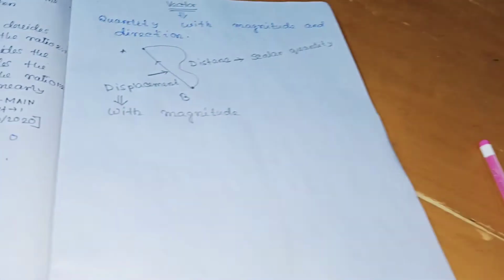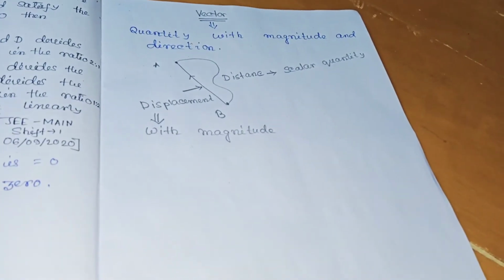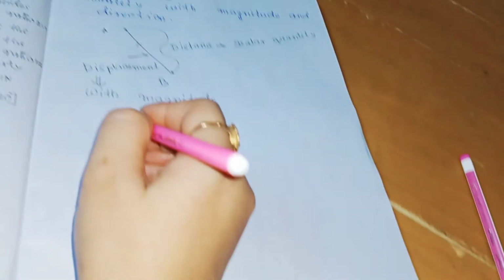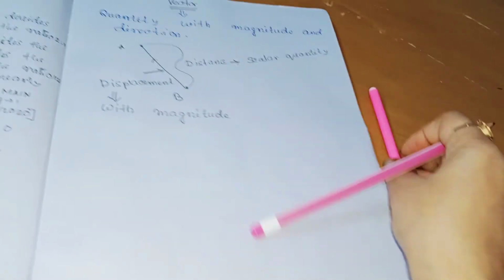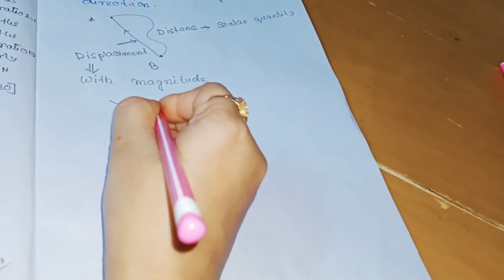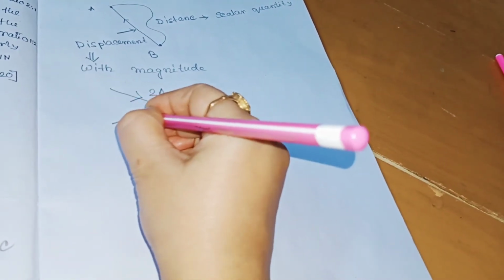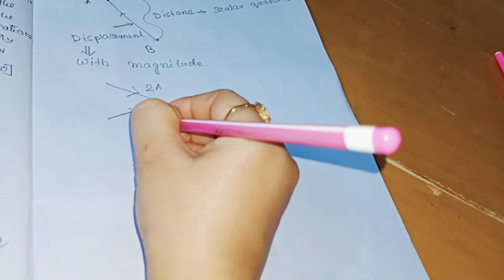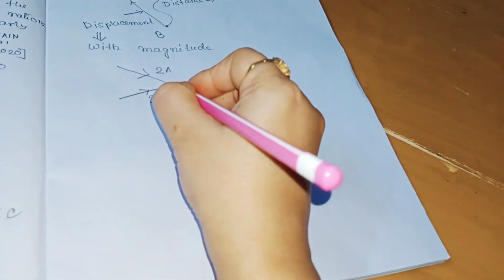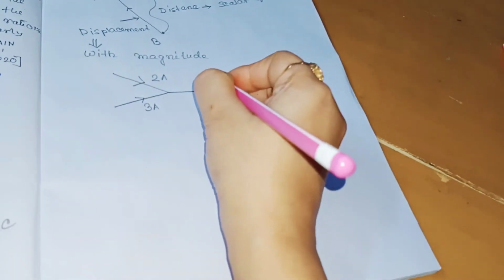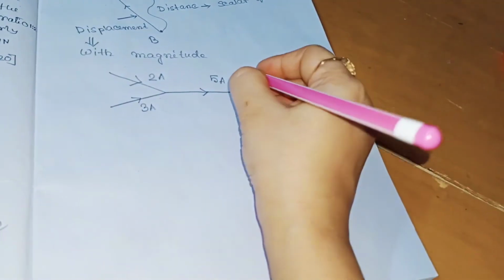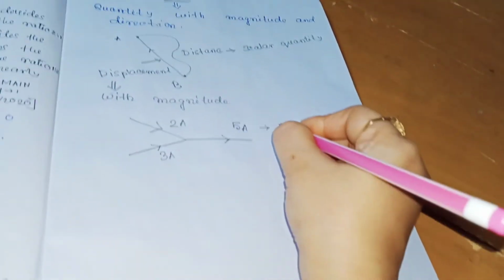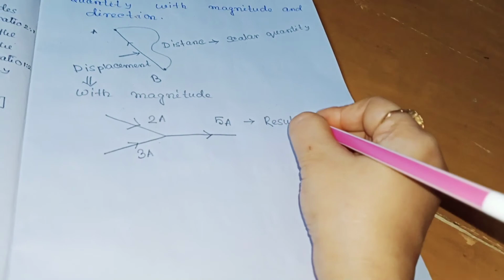What is the vector law of addition? Just look at this. The two vectors, it is 2A and it is 3A. So when we add this, it becomes 5A. So it is called the resultant vector.